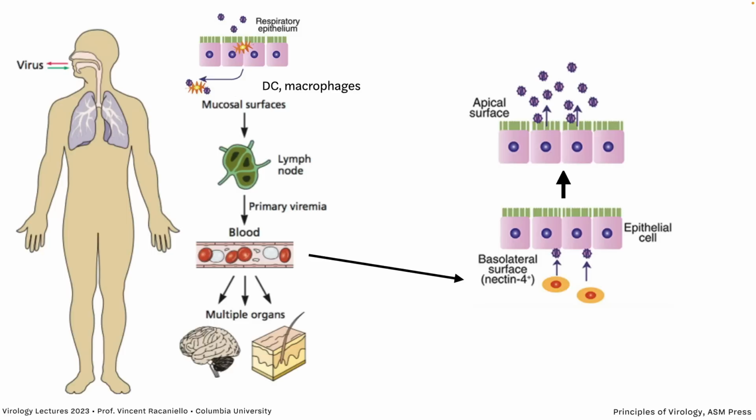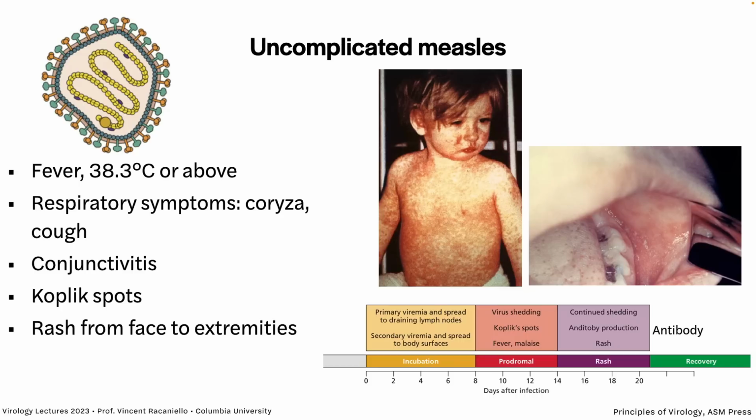Very interesting pathogenesis. So there's a child with measles: rash all over the body, from the face to the extremities, high fever, runny nose, cough, conjunctivitis in the eye, Koplik spots. What's a Koplik spot? Well, in the days when we had a lot of measles, you could look in the mouth of a kid with measles before they had a rash.